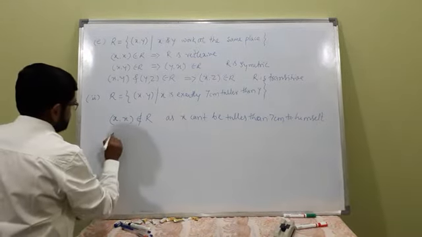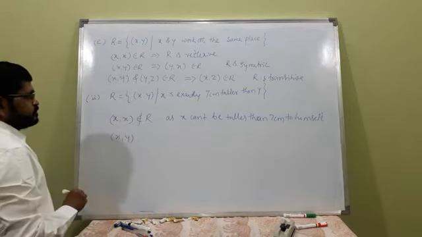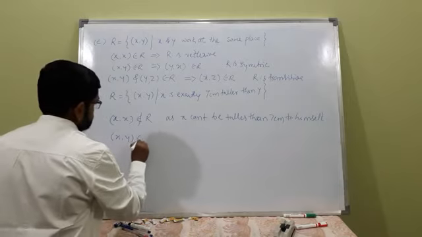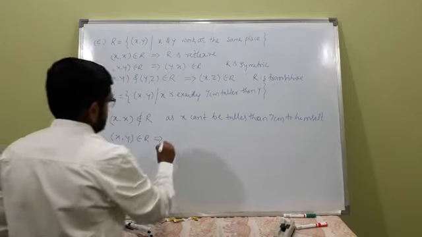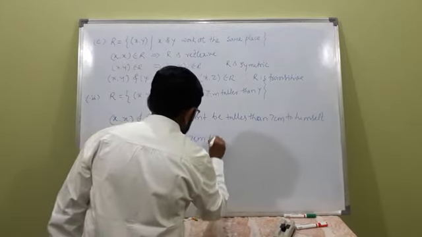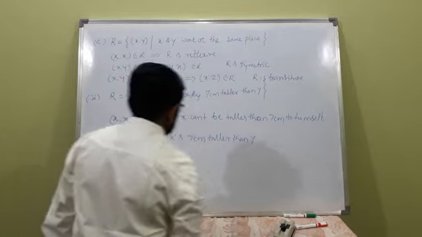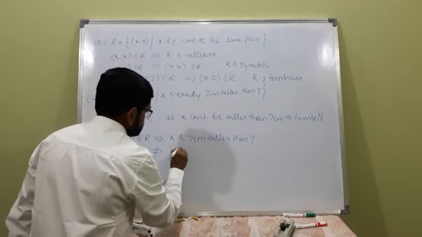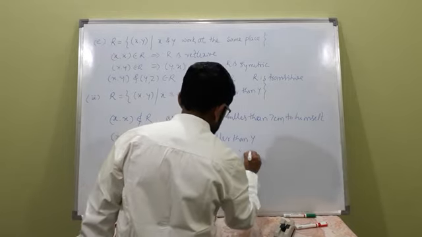If (x, y) belongs to R, implies x is 7 centimeter taller than y. This does not imply y is also 7 centimeter taller than x.